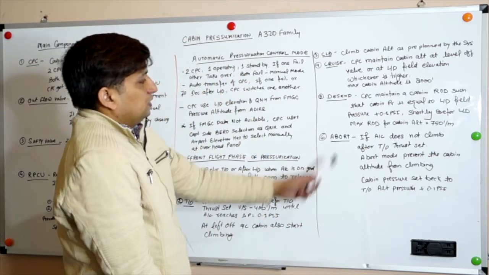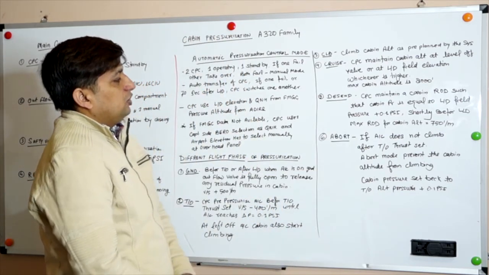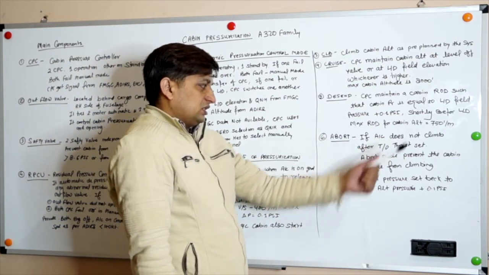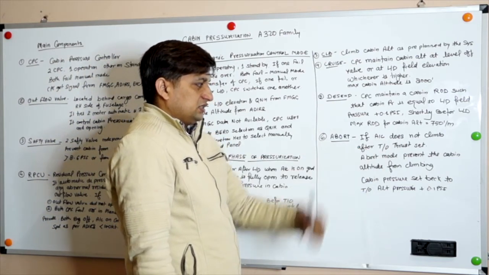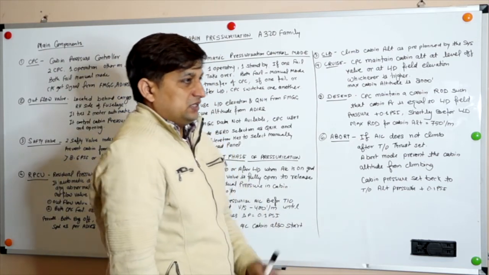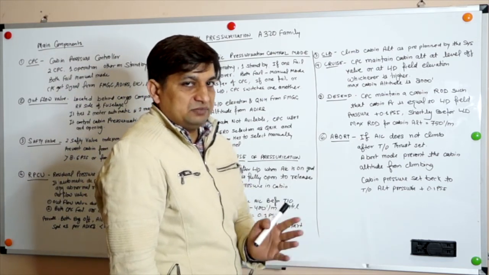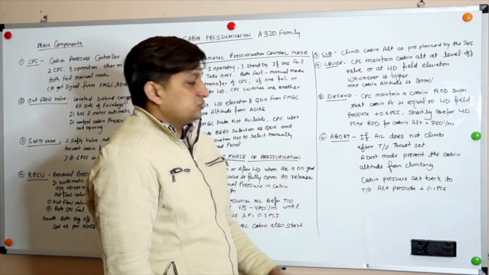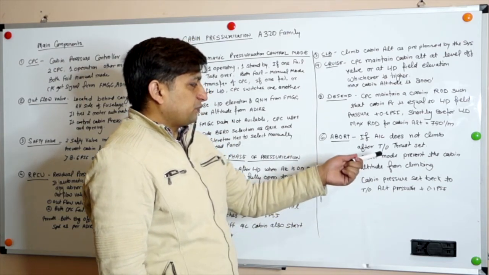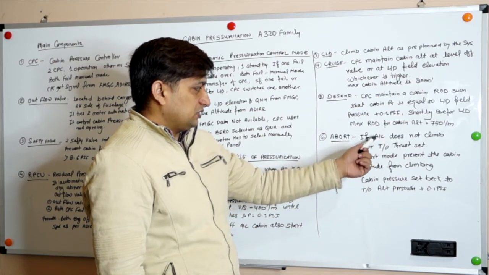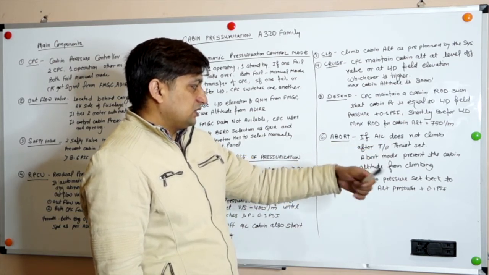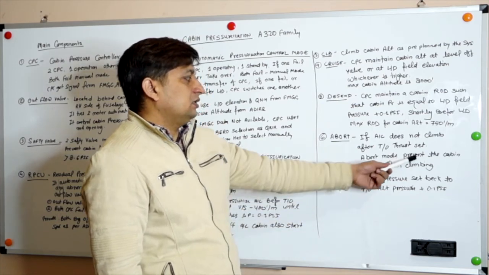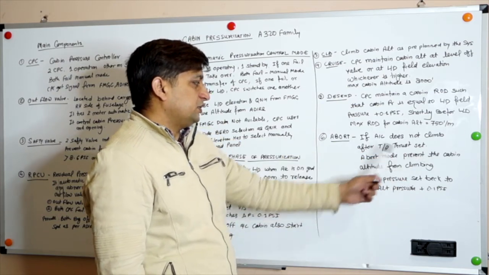Okay. The last phase is the abort phase. If the aircraft does not climb after takeoff thrust is set, that is, takeoff thrust has been set but the aircraft did not lift off or start climbing, that means the aircraft has rejected the takeoff. The system will sense that, and abort mode will be engaged and it will prevent the cabin altitude from climbing.